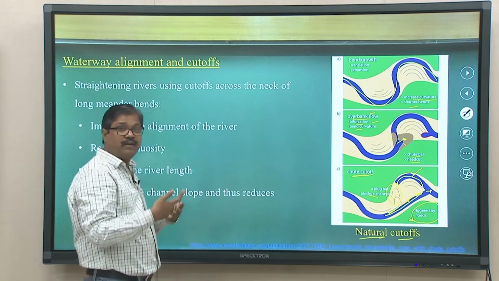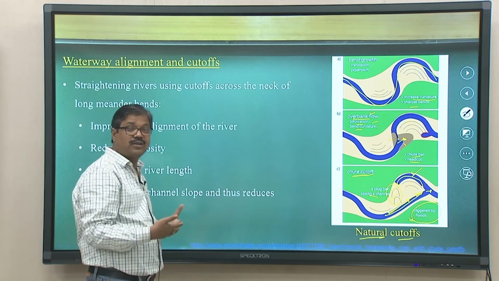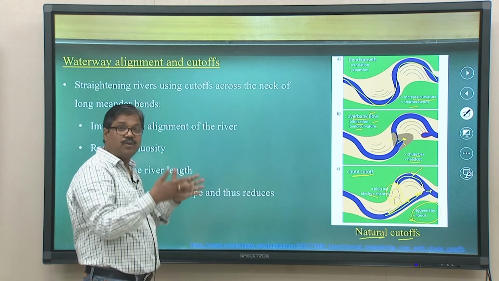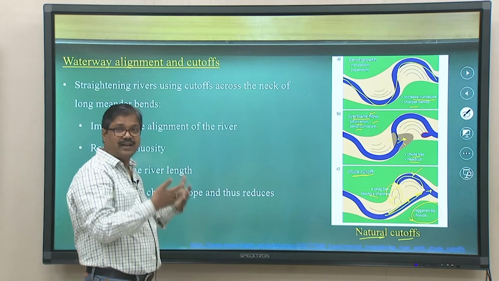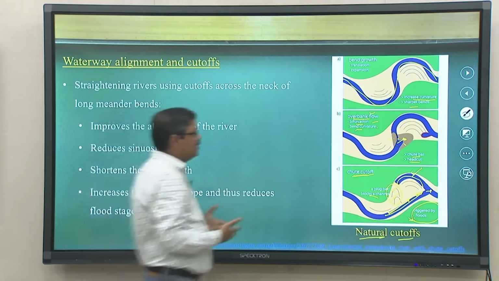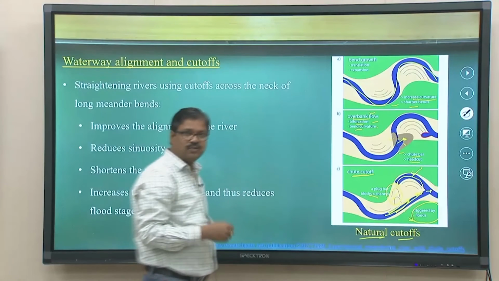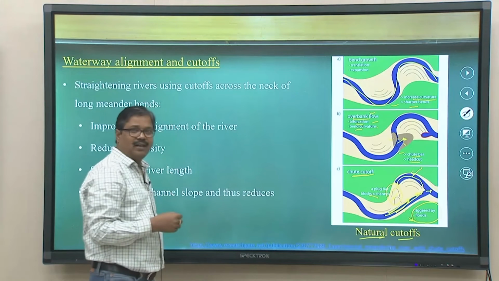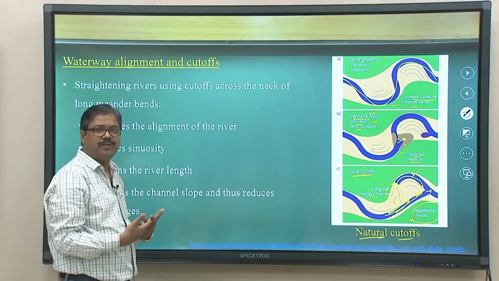Always we should have morphology studies to understand how this cutoff process is happening in a particular river or river reach, from past historical satellite imagery or any data set. That understanding is necessary to design an artificial cutoff. That is my point, that we have to understand the river behavior.